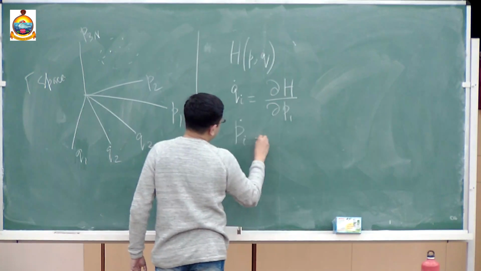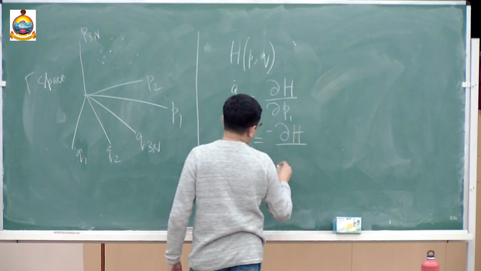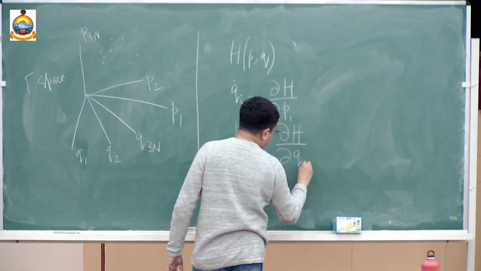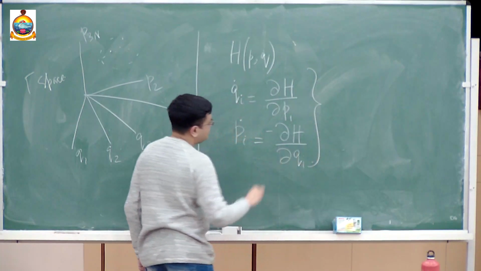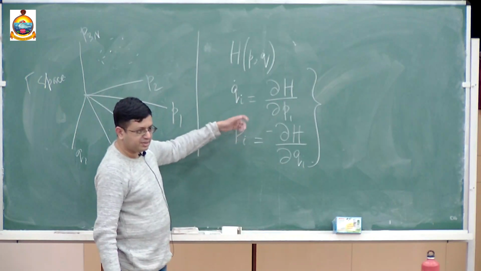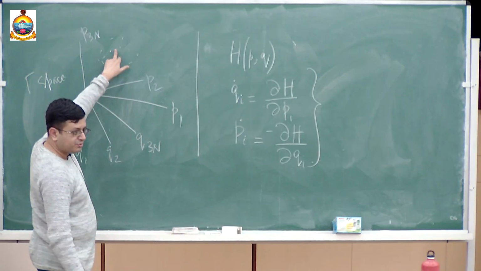And there is another set of 3N equations which is telling you how the p_i's evolve as a function of time. As the q_i's and the p_i's change in time, this point is also going to move.